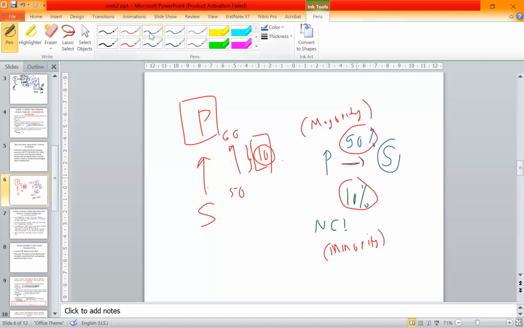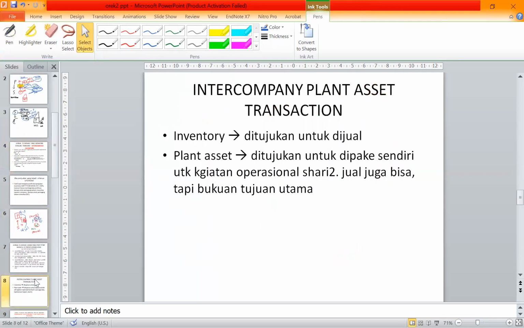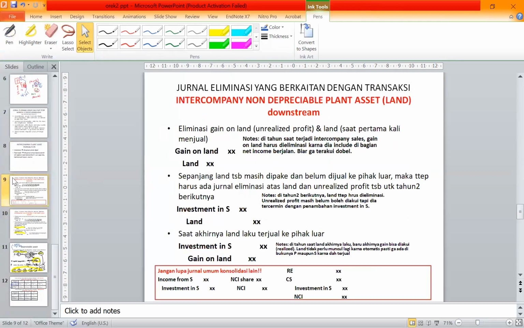So in the upstream sales, you have to be careful when you want to journalize the profit that comes from the upstream sales, and be careful with the ownership percentage of P in S. Like in this case, when the profit is 10, it means that P is only entitled to 90% of it, which is 9, and then the 10% of it belongs to the NCI, the non-controlling interest.